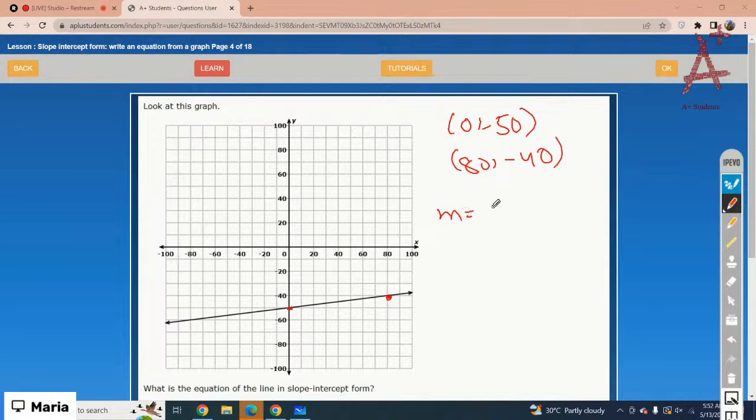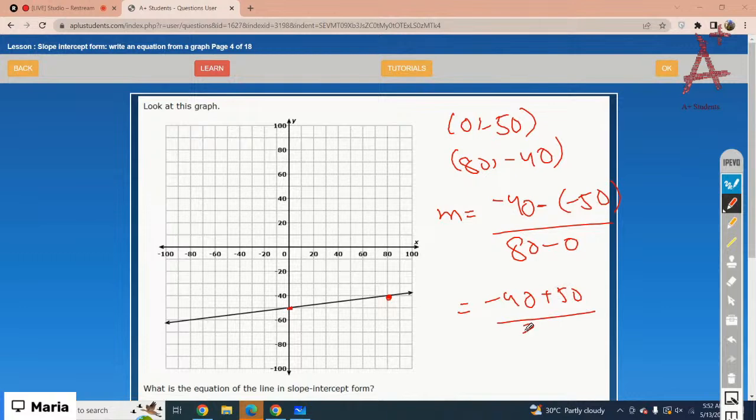Okay, let me just calculate slope. It would be -40 minus -50 divided by 80 minus 0. So it would be -40 plus 50 divided by 80. So 50 minus 40 is 10 over 80. It would be 1 over 8. Got it? So let's just put the points in the equation.